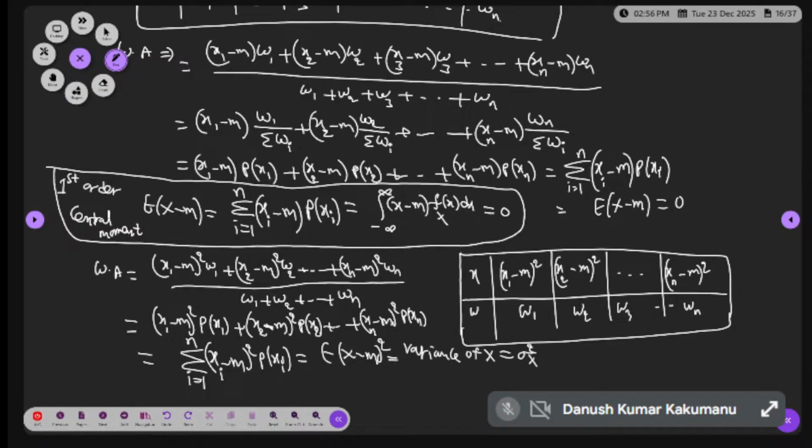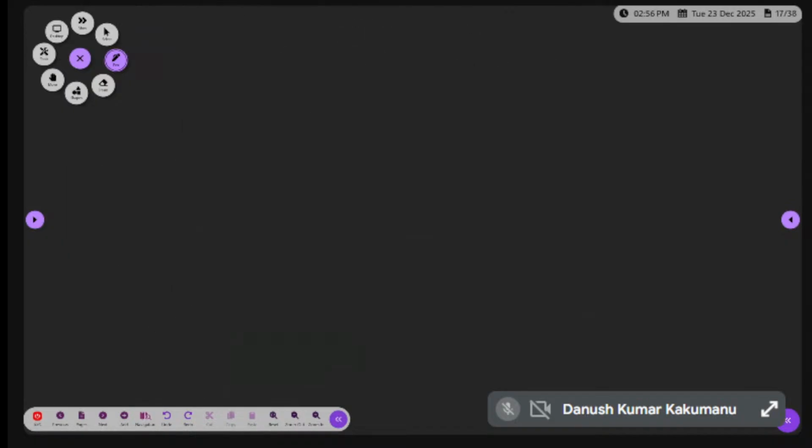Completed? Copied now? Okay. What is E of x minus m whole square, the second order central moment? Summation i equals 1 to n, xi minus m whole square p of xi, if x is discrete, and if x is continuous, integral from minus infinity to infinity, x minus m whole square f of x dx.